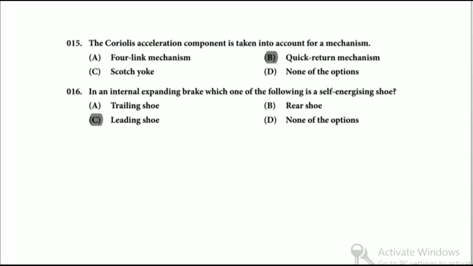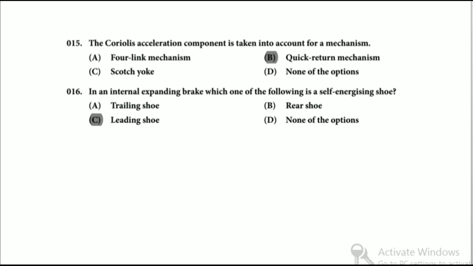Question number 15. The Coriolis acceleration component is taken into account for a mechanism: one, a four link mechanism; two, a quick return mechanism; third, a Scotch yoke mechanism; and last, none of the options. The Coriolis acceleration component should be taken into account for a mechanism where one point on a link is sliding along one link with respect to another rotating link.